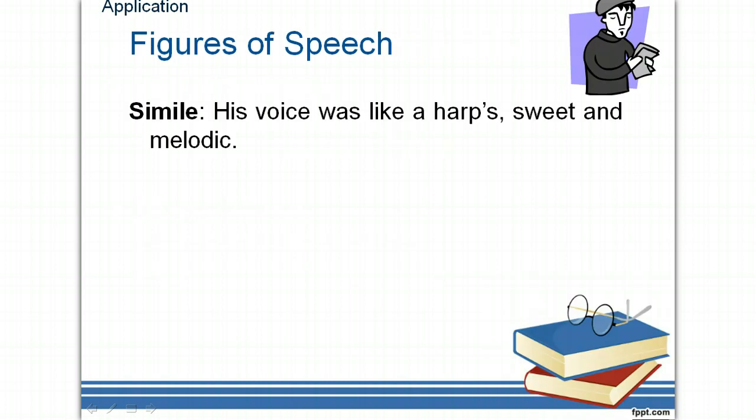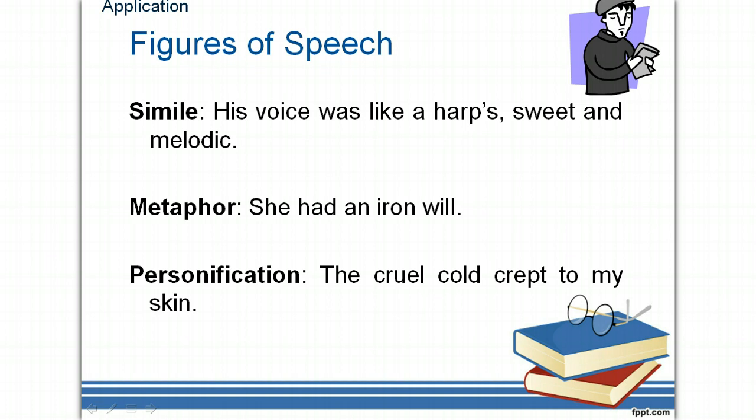Let's try identifying figures of speech in a sentence. The first example is a simile. The next example, which uses the word iron to mean tough and focused, is a metaphor. Saying that the cold is cruel is personification, giving the cold a human trait.